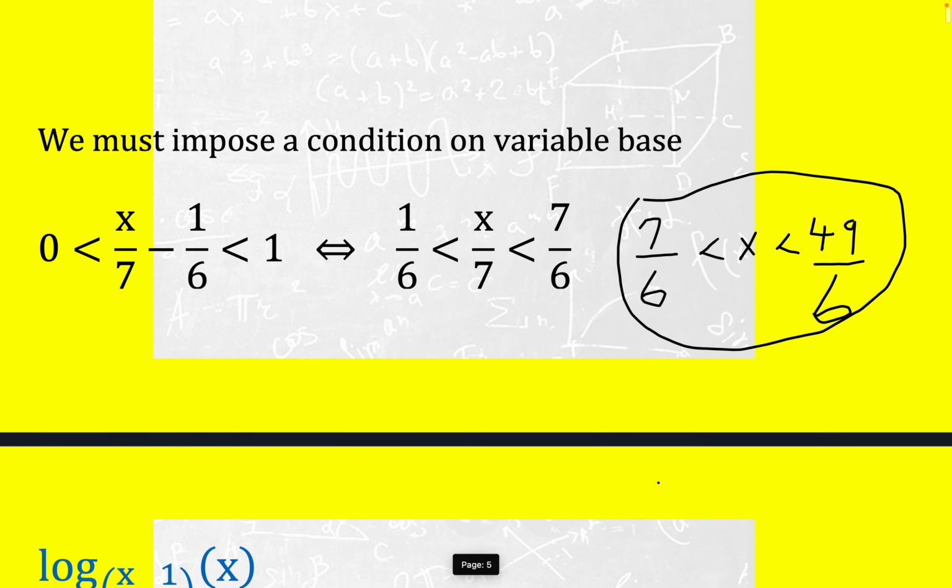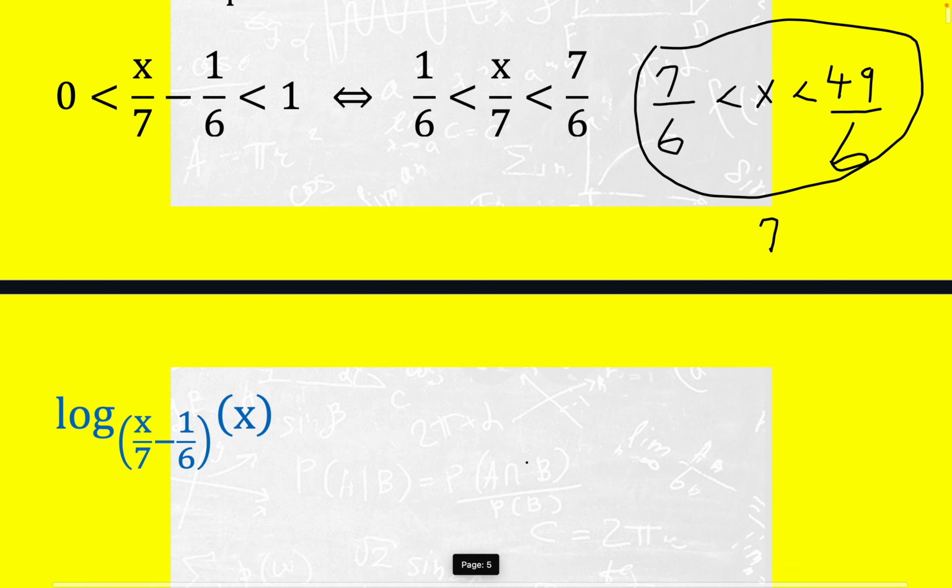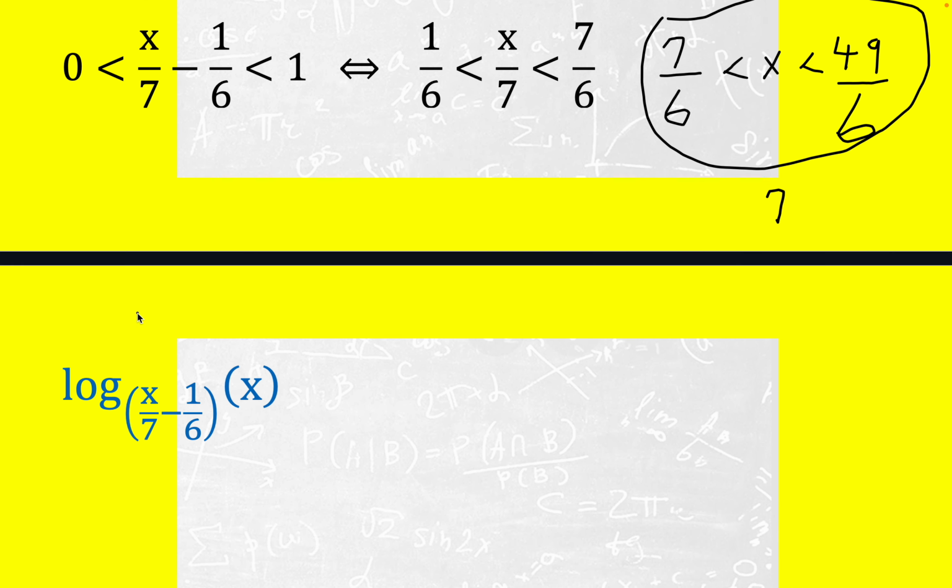Now, let's also note that 49/6 is a little bit bigger than 8. So 7 itself is in this set, right? 7 is between 7 over 6 and 49 over 6, right? So let's try that out right down here and just do a sanity check. So let's try x equals 7. We're anticipating a logarithm that'll be negative, right?